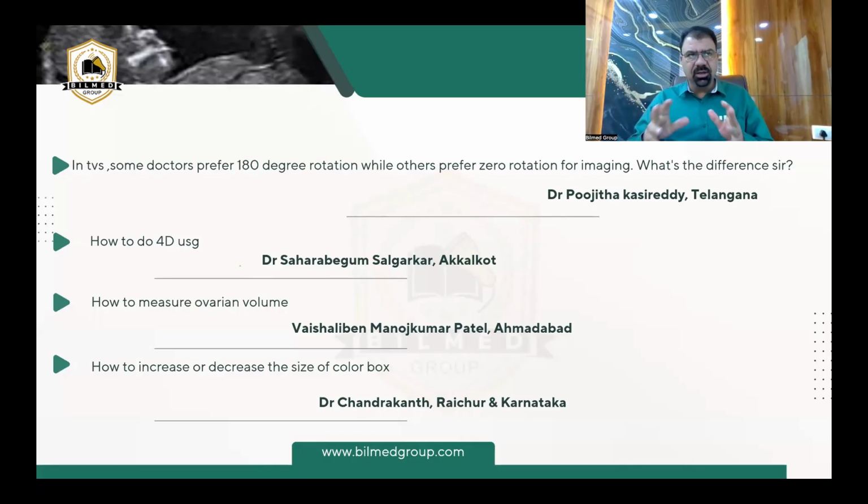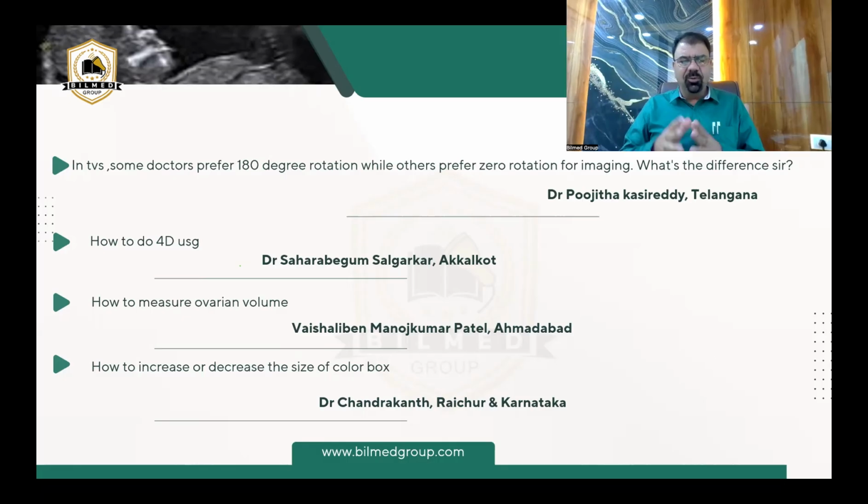That we have been taught in the old school, but nowadays the machine comes with an invert function. We actually don't need a 180-degree rotation. We just need to press the invert knob, and the machine image will get inverted. I will come to this. So I was elaborating the question.